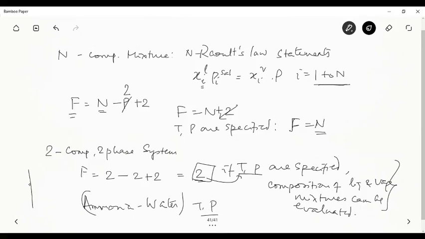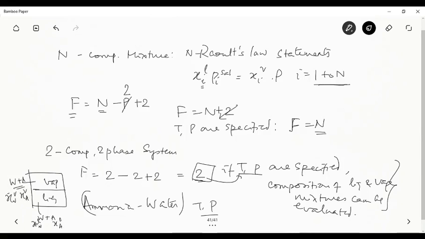So I'll have a vessel in which, let us say, there is liquid, there is vapor. Okay. So the liquid has water plus ammonia. The vapor also has water plus ammonia, but the compositions are different. So you have X water and X ammonia in the liquid phase, and here you have X water and X ammonia in the vapor phase.